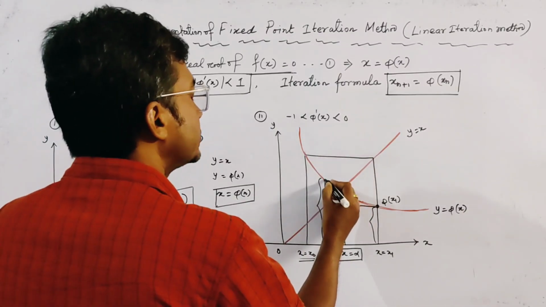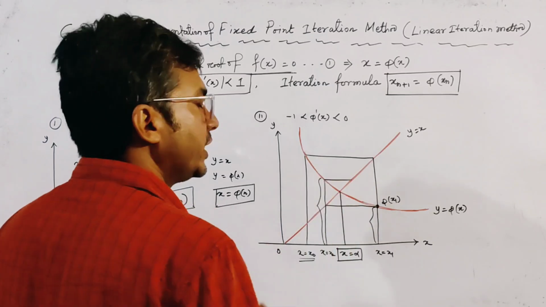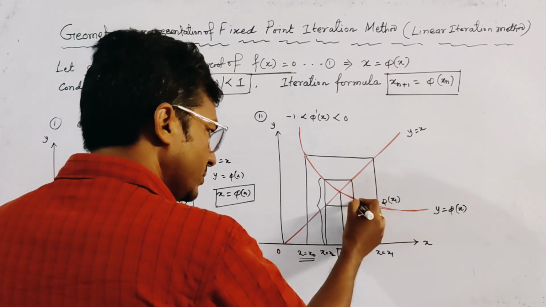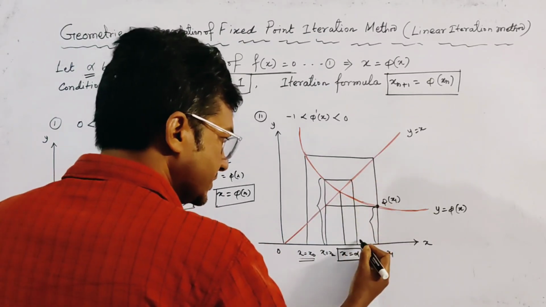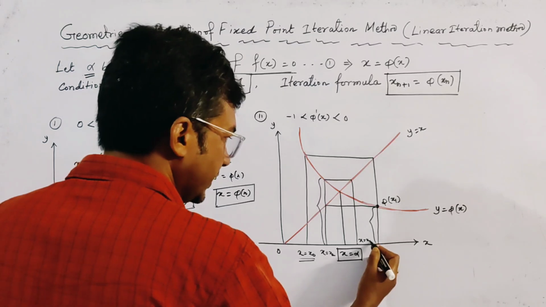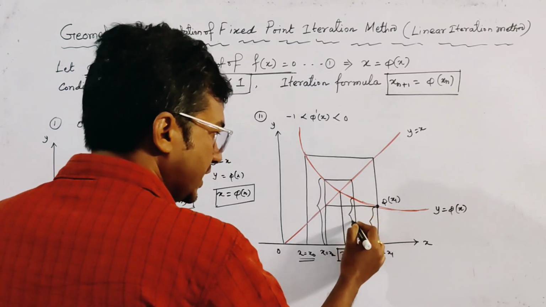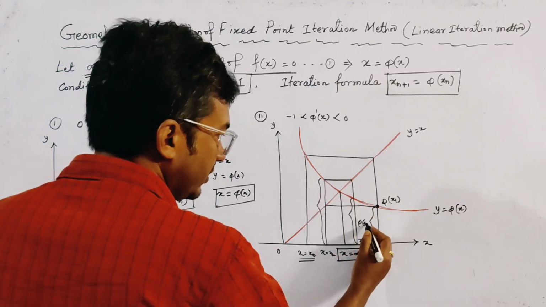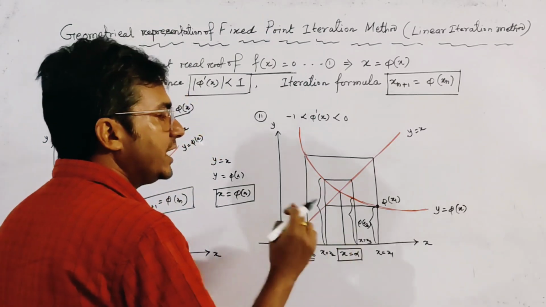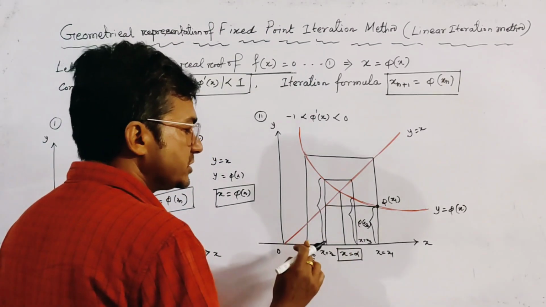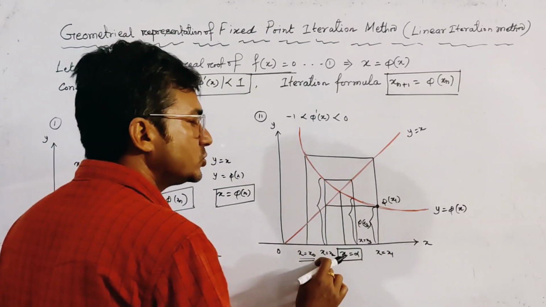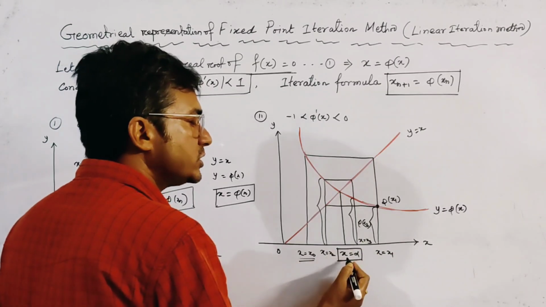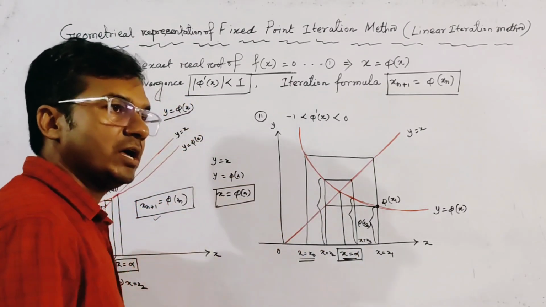Now continuing this process, we draw a perpendicular here, and then a perpendicular on the x-axis, this is given by x equal to x3. Now this height is given by phi of x3, and it is clear that the successive approximations x0, x1, x2, x3 come closer to x equal to alpha.